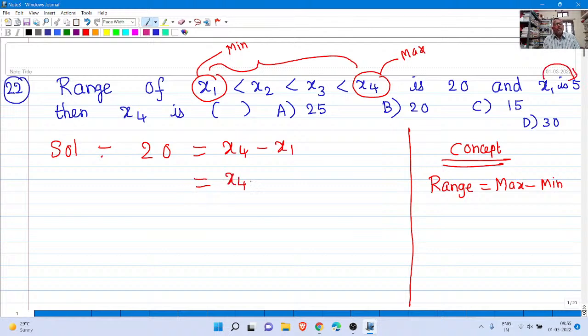So x4 minus 5. We need x4. Solve this linear equation. x4 equals 20 plus 5. So the answer is 25. I hope it's clear to you.